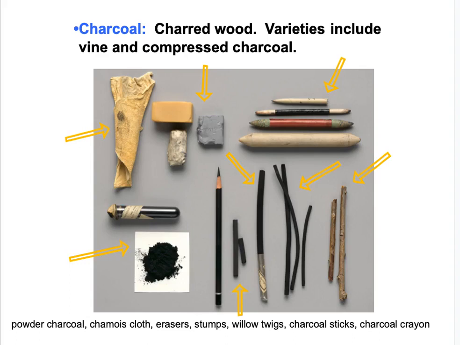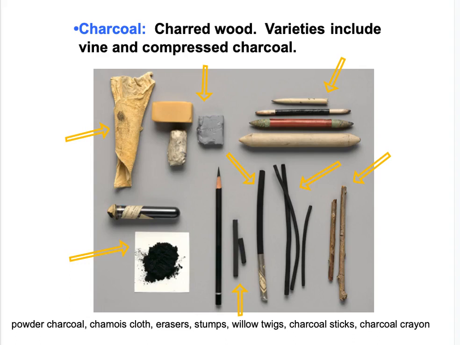But with these compressed charcoal crayons, it isn't quite as messy, but you also don't get quite as rich and dark of a color, because anytime you add a binder to something, it sort of thins it down just a bit. It's like an additive has been added to it. These willow ones and vine ones, it's very bold black when you make a mark.